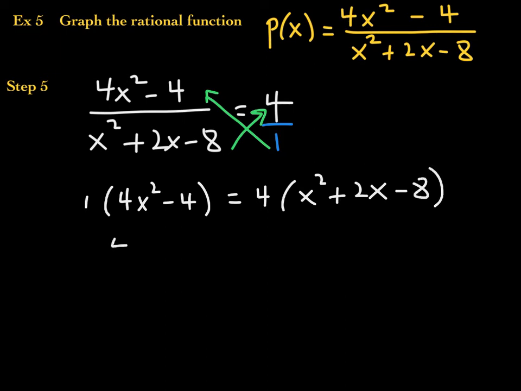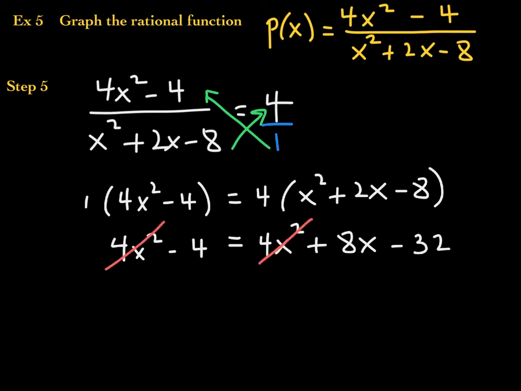The left-hand side is just 4x squared minus 4, but the right, after you distribute the 4, you get 4x squared plus 8x minus 32. Now the squared terms cancel, and you're left with a linear equation. So I am going to isolate the variable by adding 32 to both sides. I'm going to end up getting 28 is equal to 8x.